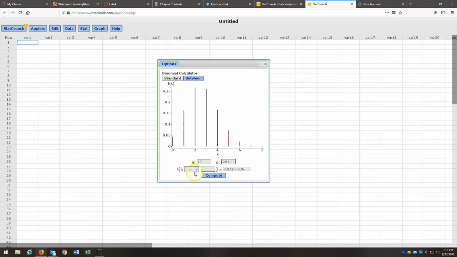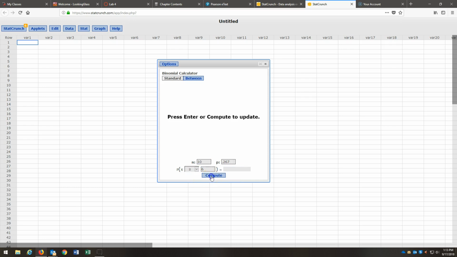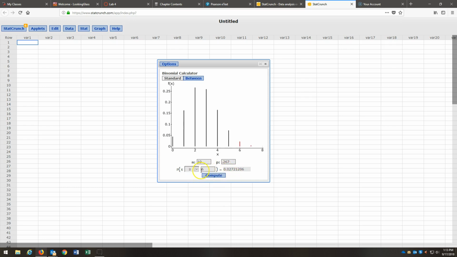And then we can calculate things like the probability that exactly 4 people did not cover their mouth. We can calculate the probability that less than 3 people did not cover their mouth. We can calculate the probability that at least 6 people did not cover their mouth. So pay attention to the language.